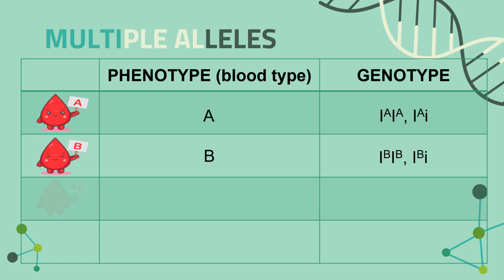For type AB, I^A and I^B alleles are both dominant, so the only possible genotype for this is I^A I^B. As for type O, lowercase i being a recessive allele, the only possible genotype is ii.